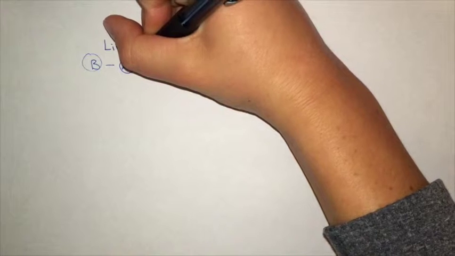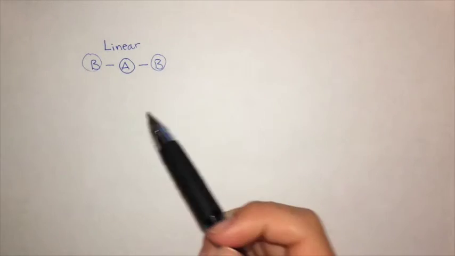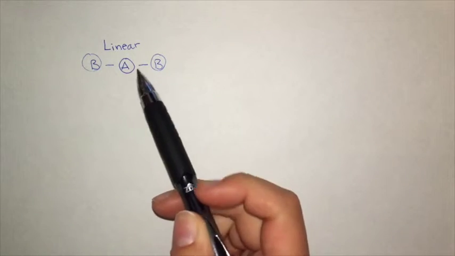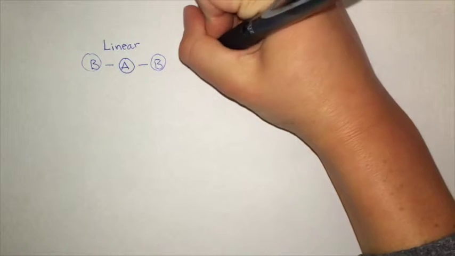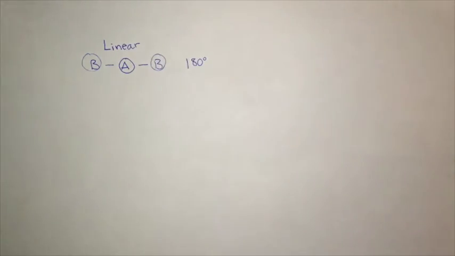This molecule is going to have 2 bonding pairs. So this is what a linear molecule looks like. Since it's linear, the angle of the bonds between the atoms is going to be 180 degrees. So that's our linear molecule.